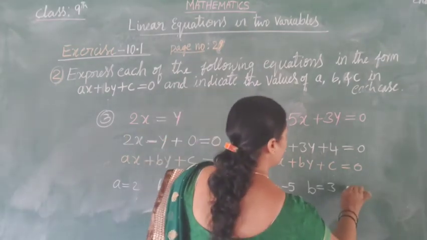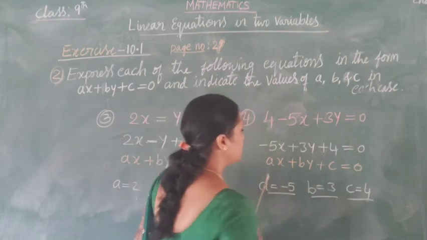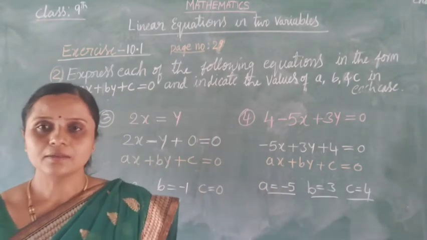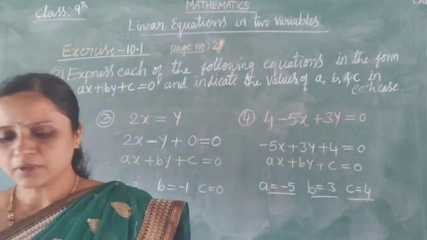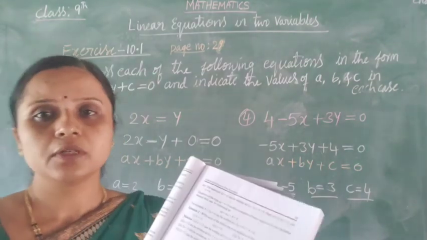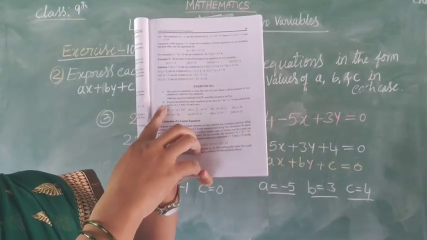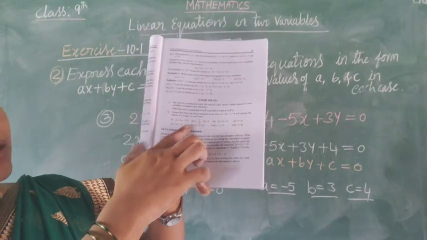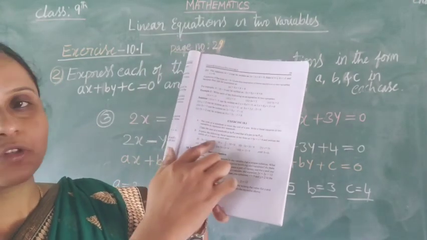And the value of c equal to 4. Okay. So in this way we can do all the questions. Students, in homework you have to work on this exercise 10.1 question number 2. You can solve some other problems here, so you can solve all these questions today.